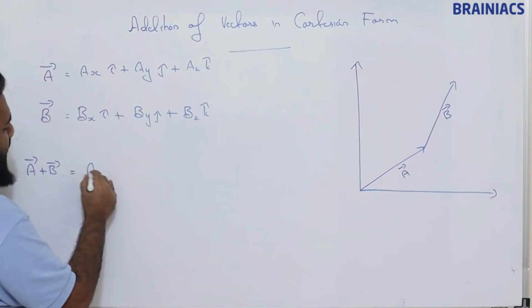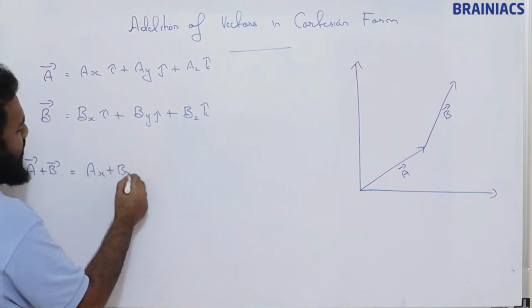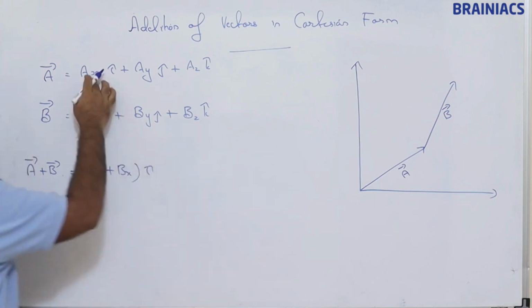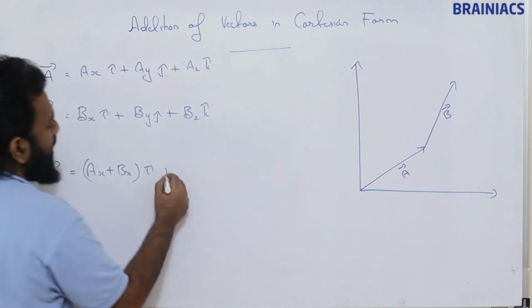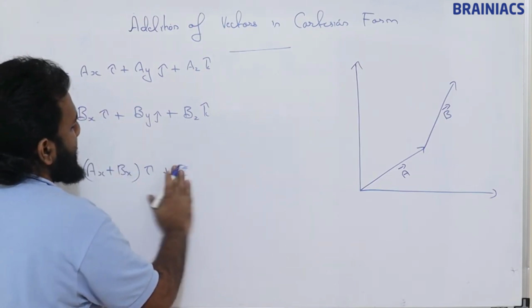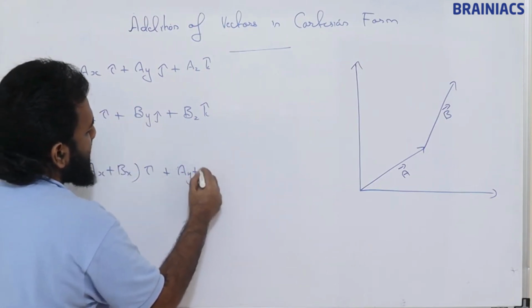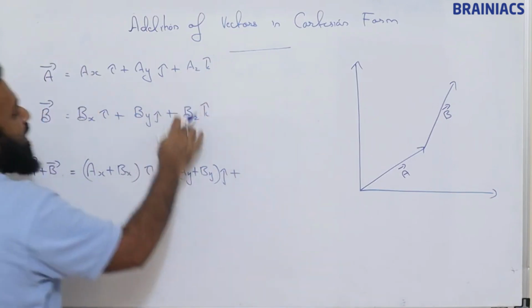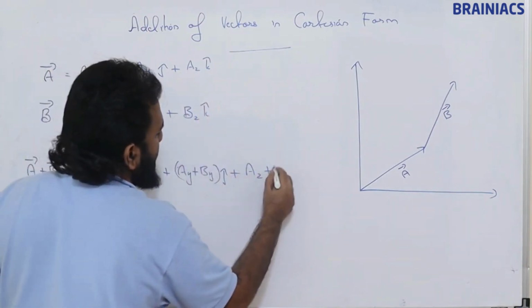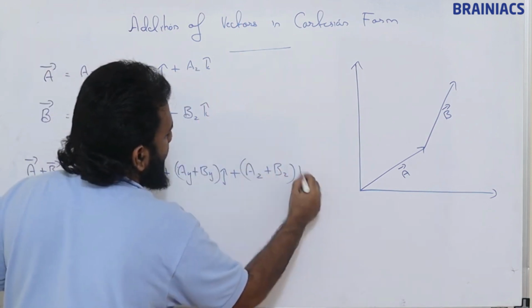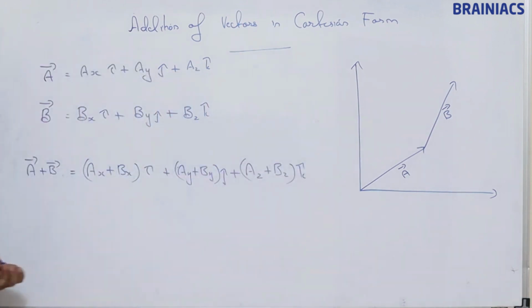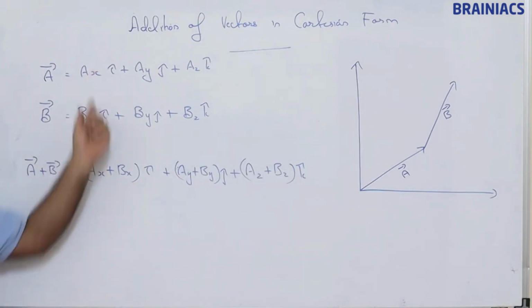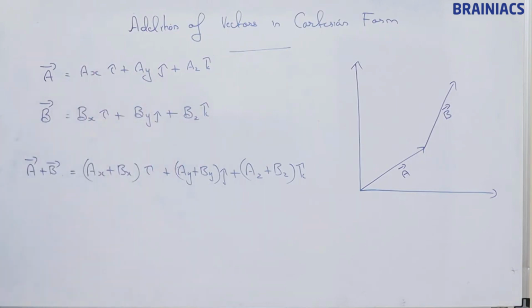This is nothing but (ax plus bx) into i, just add its i components, plus (ay plus by) into j plus (az plus bz) into k. So this is how A plus B is found: just add the corresponding components and write.